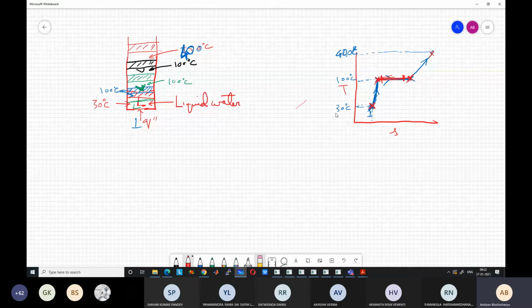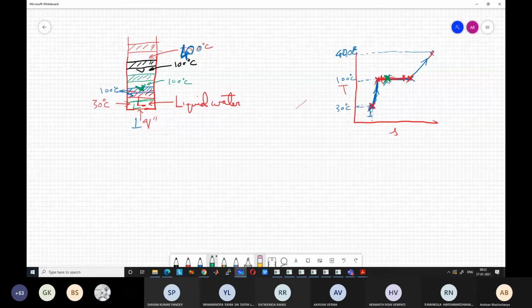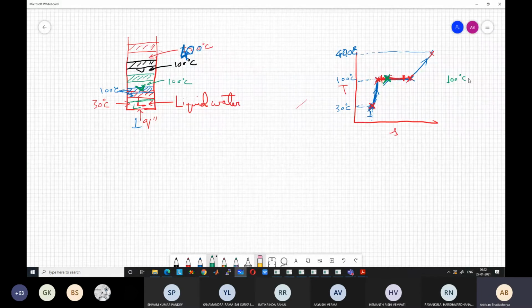But once the water starts boiling, at an intermediate point somewhere around here, temperature and pressure are not independent. During boiling, for 100 degrees centigrade, the boiling pressure is 1 atmospheric pressure, or at 1 atmospheric pressure, the boiling temperature is 100 degrees centigrade.